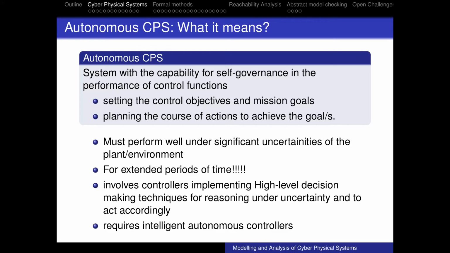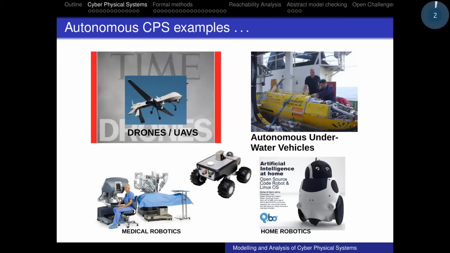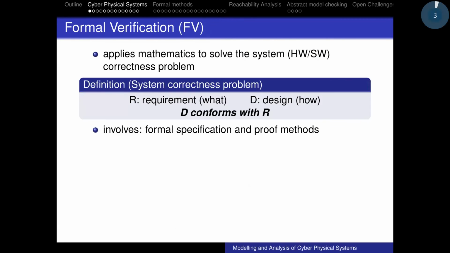It could involve controllers implementing high-level decision-making techniques for reasoning under uncertainty and acting accordingly. This requires intelligent autonomous controllers. There are various examples like drones, medical robotics, AI-enabled robots or service robots at home, and autonomous underwater vehicles.